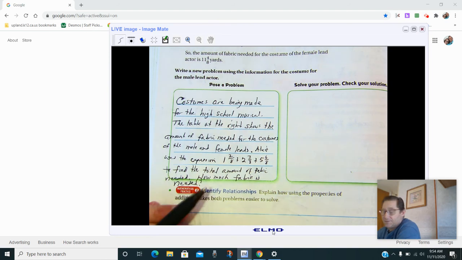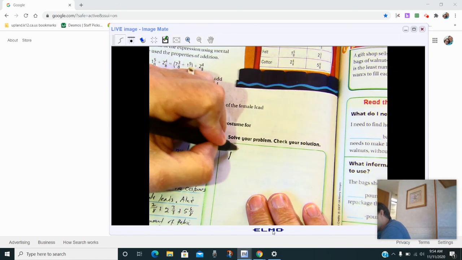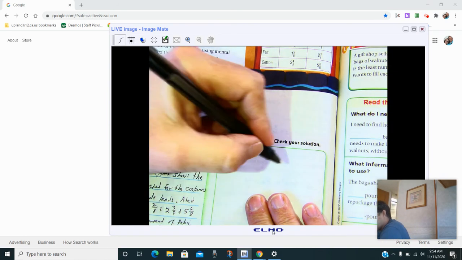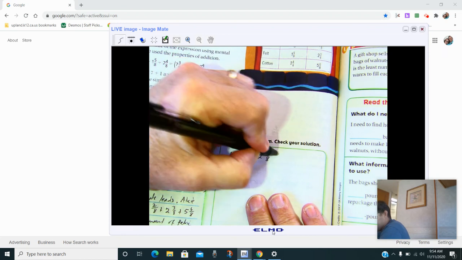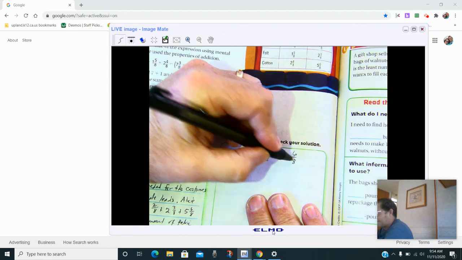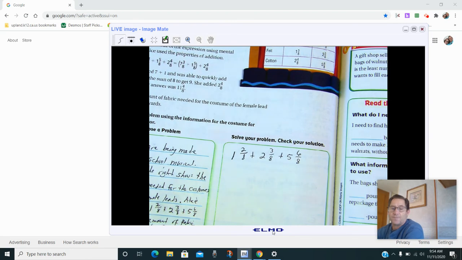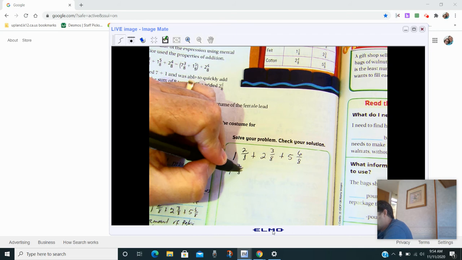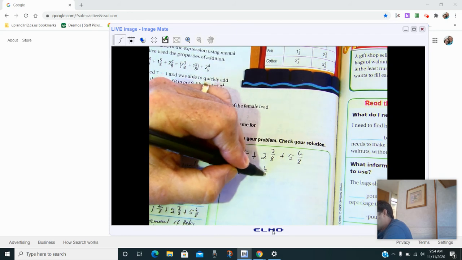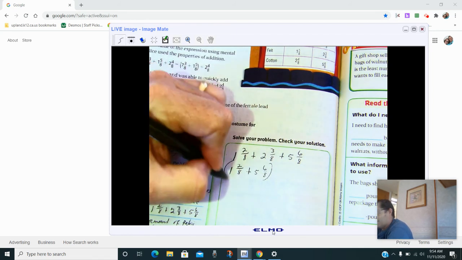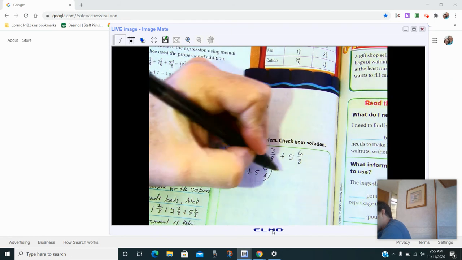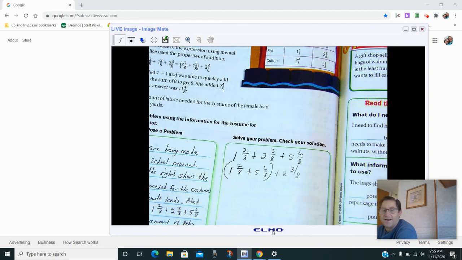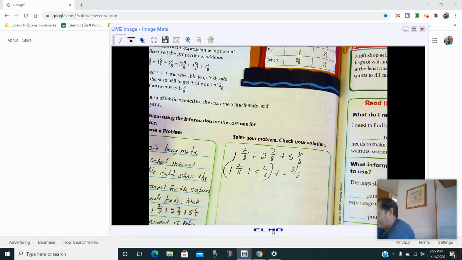That's basically our question. So we have 1 and 2/8 plus 2 and 3/8 plus 5 and 6/8. So if I was Alice, I would want to put 1 and 2/8 with 5 and 6/8 and then add 2 and 3/8 because 8/8 is 1, 5 and 1 is 6, so that would be 7 right there.